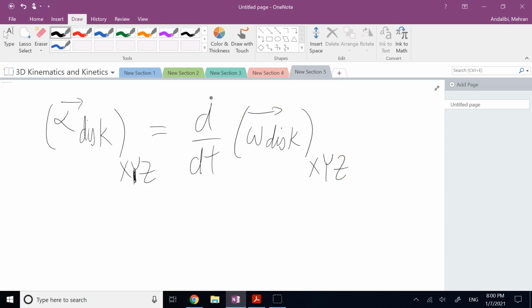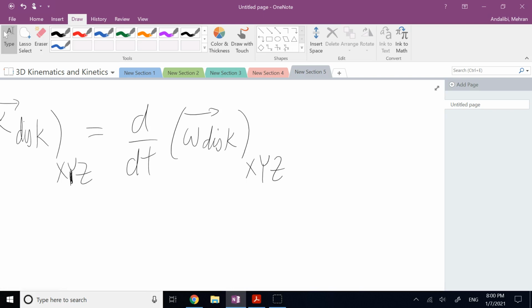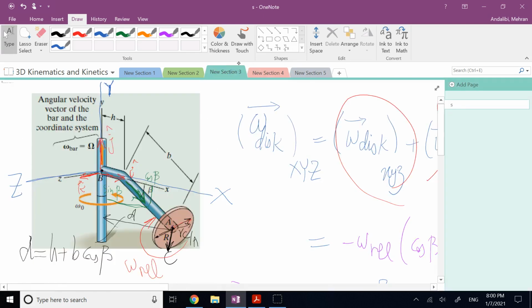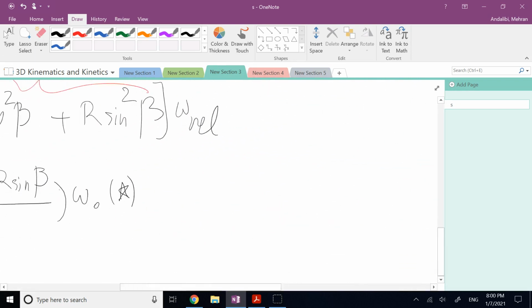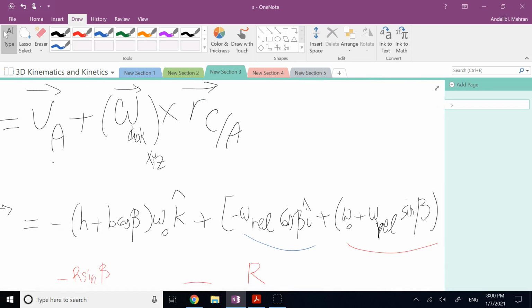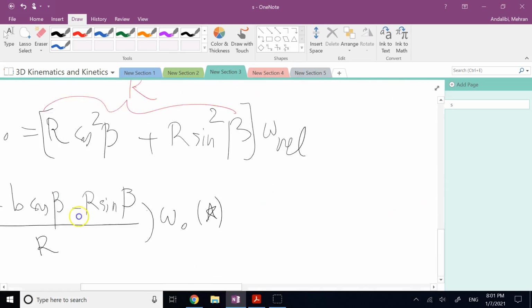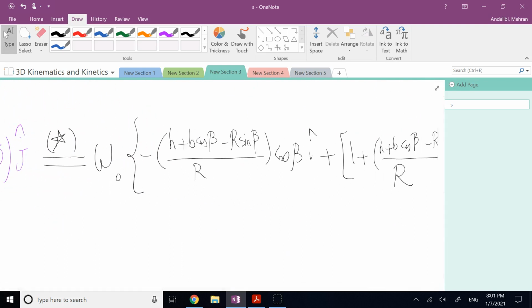So we have to take the derivative of what we found, and we can do it. We can directly take the derivative of this big thing which I found here, where omega naught is constant.